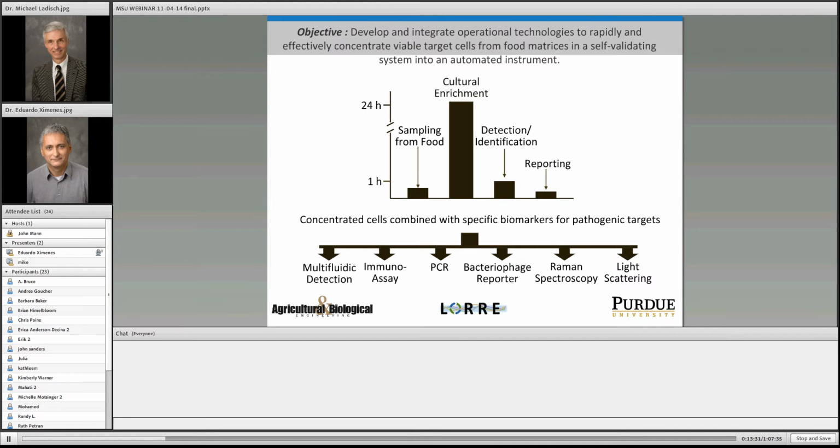Some of them approved by the agencies, which include multi-fluid detection, and you can see in the bottom of the slide, immunoassay procedures, PCR-based procedures, bacteriophage reporter. In our case, we have been working with several of them, but with major focus on PCR-based detection.